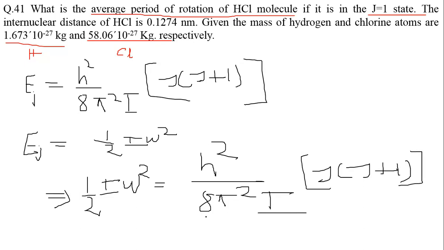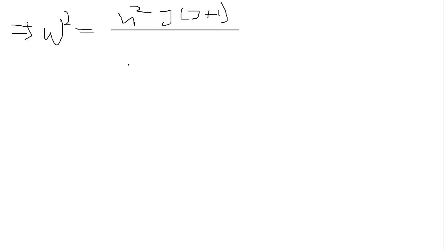Then omega square will be h square J into J plus 1 divided by 4 pi square I square, and by taking the root of that, we can calculate the value of omega.